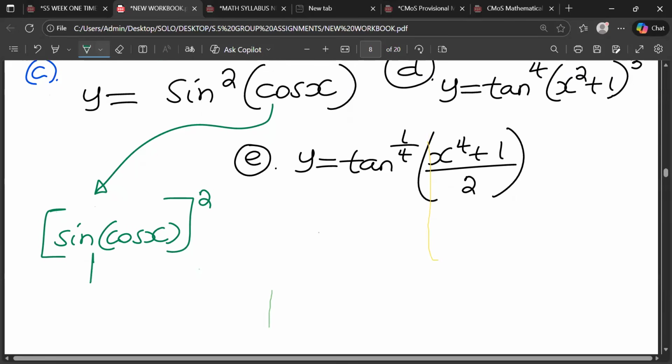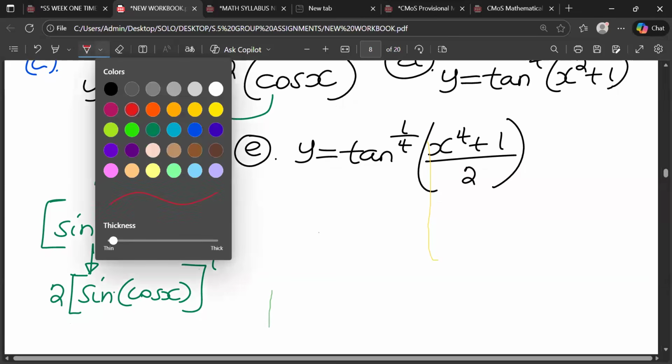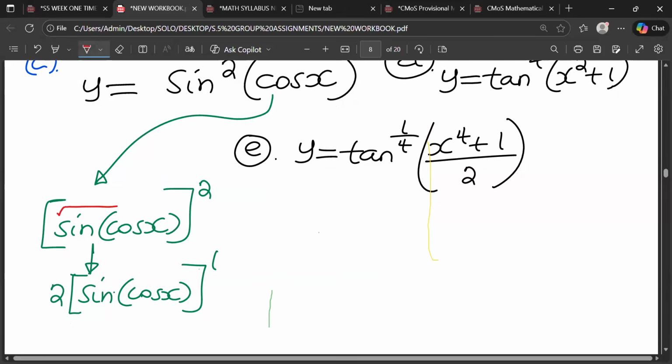So as you're getting dy dx, you drop the what? The 2. Then you bring back whatever is inside the what? The brackets, with the reduced power 1. Then after that, you differentiate this. But the question is, how can you differentiate this?